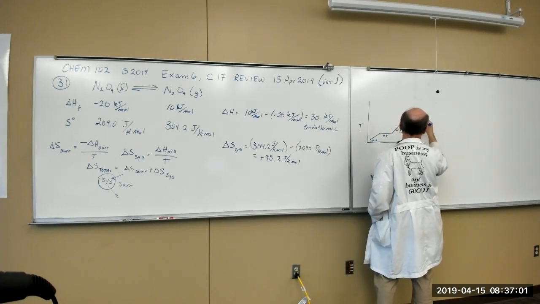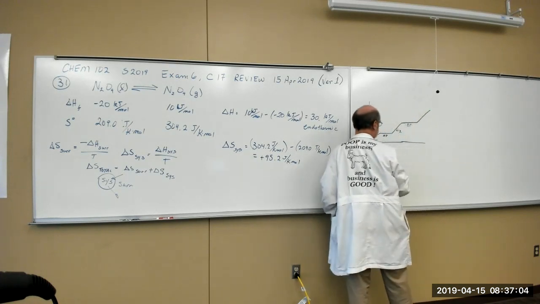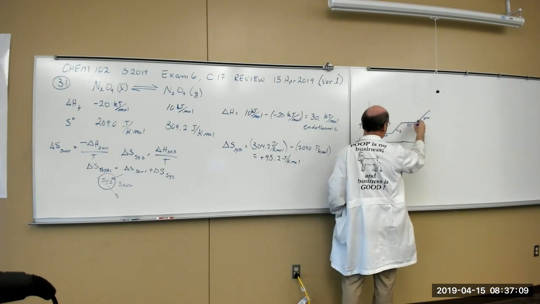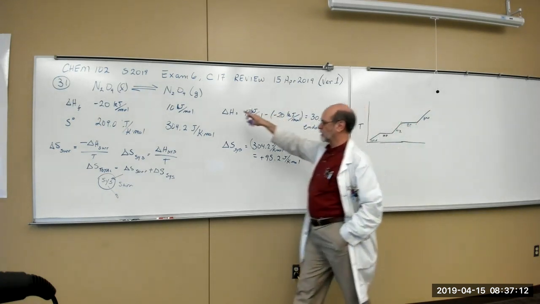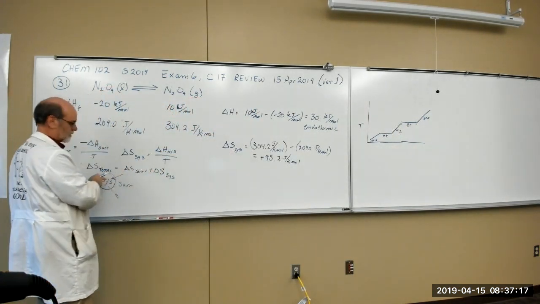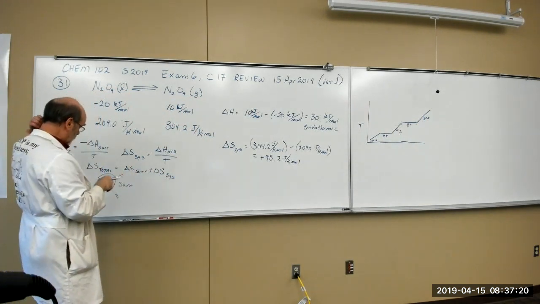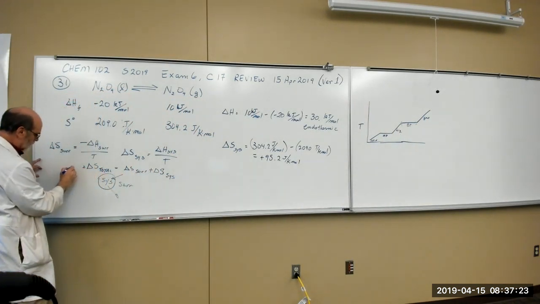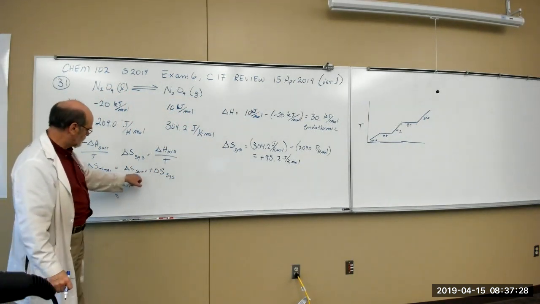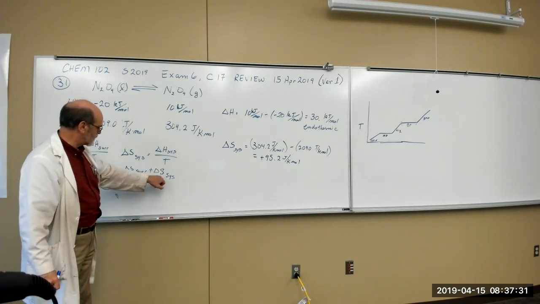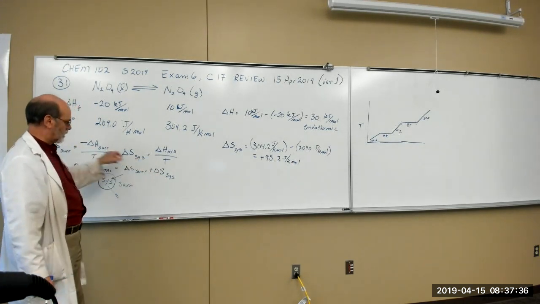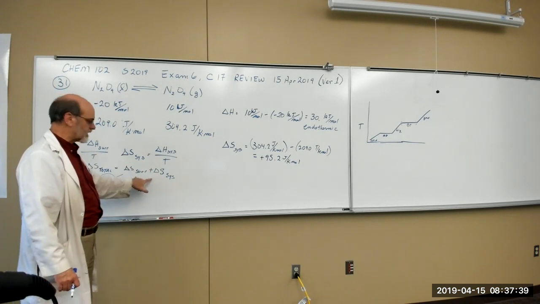And then once we've got all the liquid gone, we heat up the gas. Okay. So here we are for this one, and at the boiling point, the temperature is constant. That's a sign of equilibrium. And in an equilibrium state, the delta S total is 0. So that means delta S surroundings plus delta S system is equal to 0, and that's why this one is just the opposite sign of that one, because they have to equal 0.